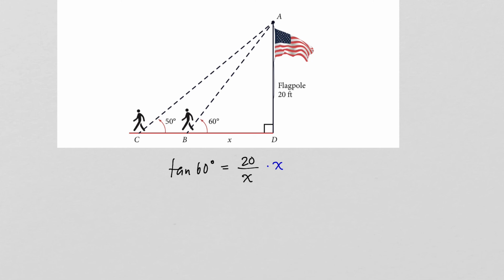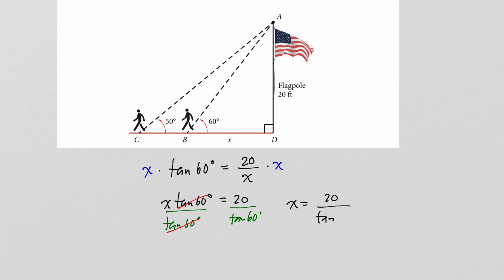If we multiply both sides by x, we get x tangent of 60 is equal to 20. And then finally, dividing both sides by the tangent of 60 will give us x. And in this case, x will be 20 divided by the tangent of 60. And then we just need to put that into our calculator.